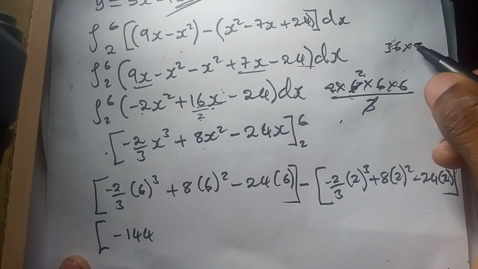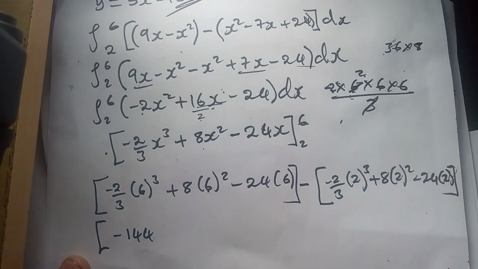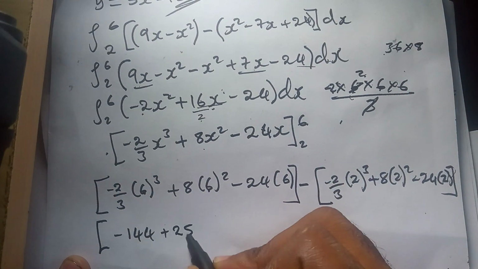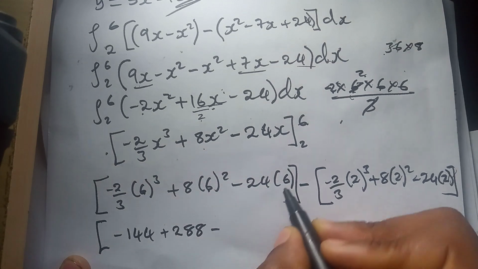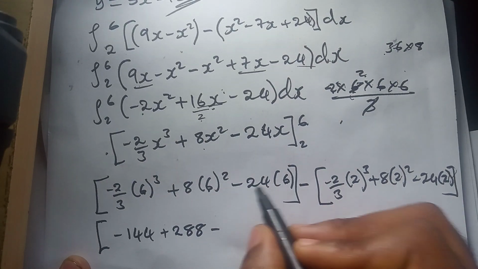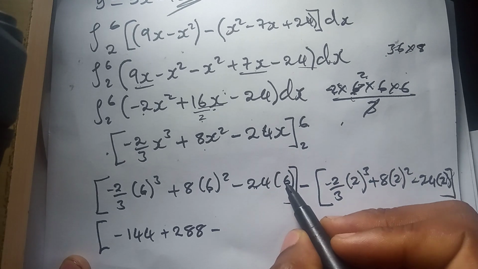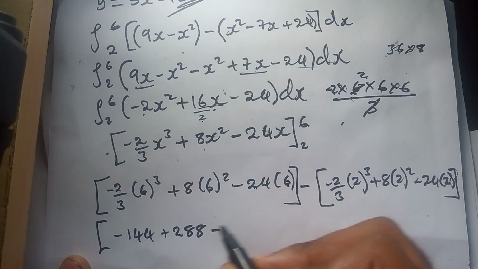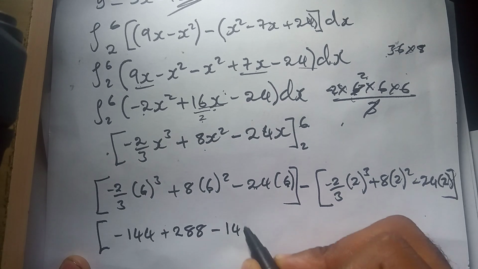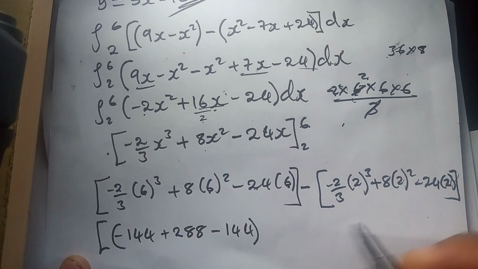So this is just like 144 times 2. So that's positive 288. Then minus 6 times 24. So this is twice 12, and this is half of 12. So that's like 12 squared. So we have 144 again.